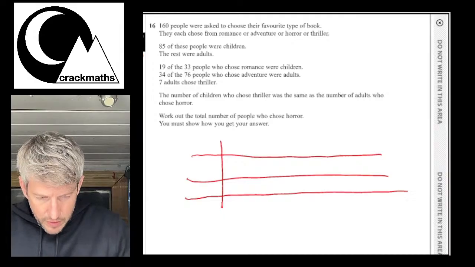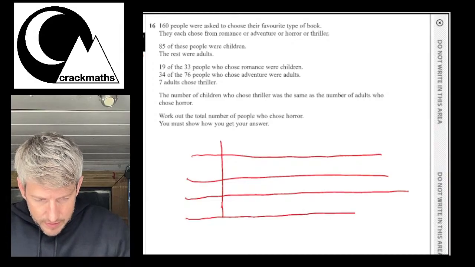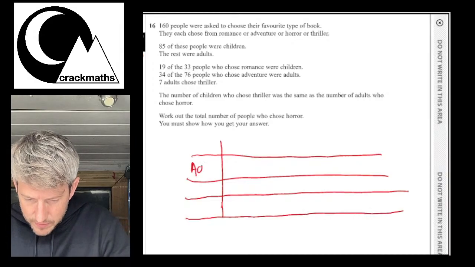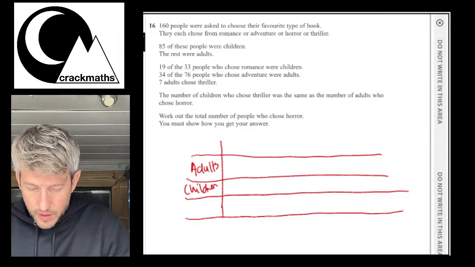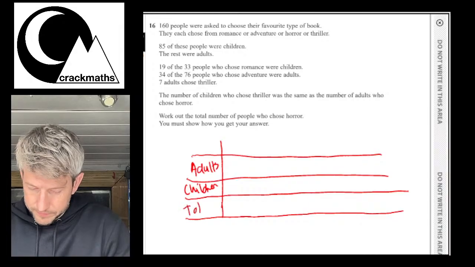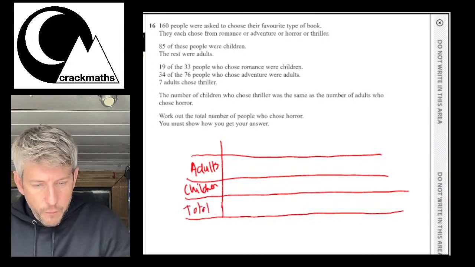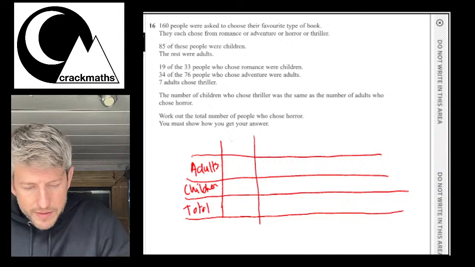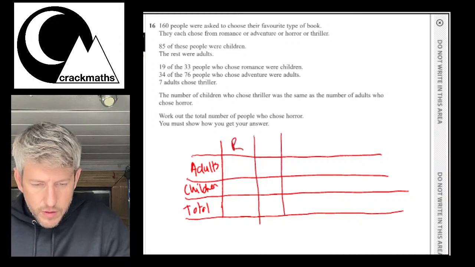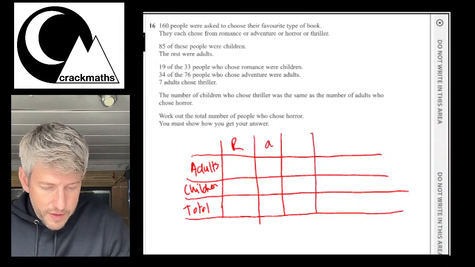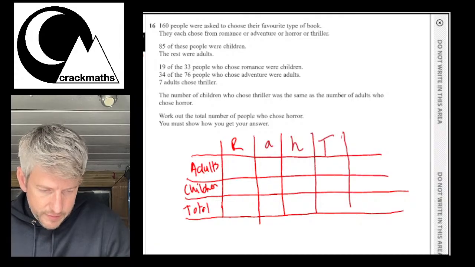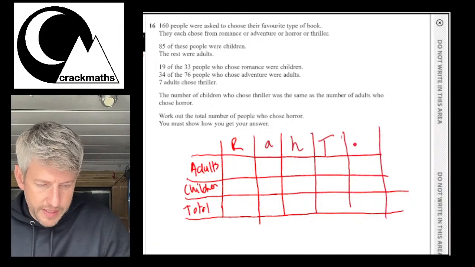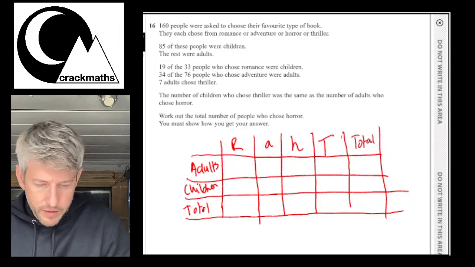Okay, and so we've got adults, children, total, and then we've got romance, we've got adventure, we've got horror, we've got thriller, and then we've got the totals again.